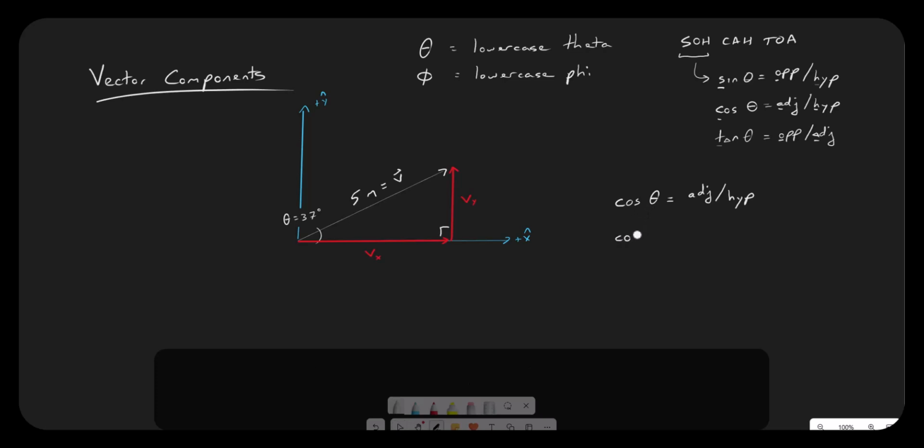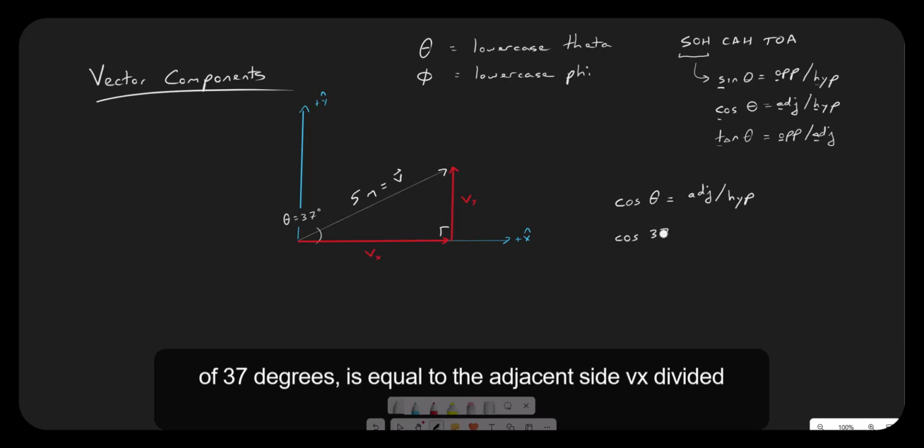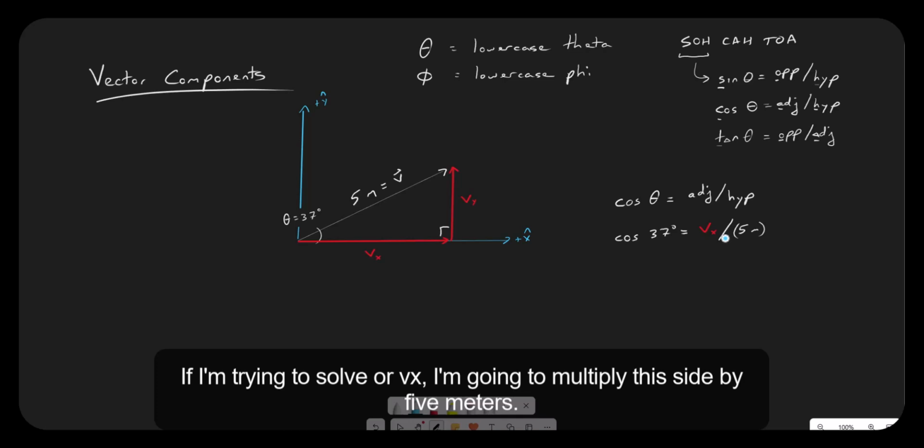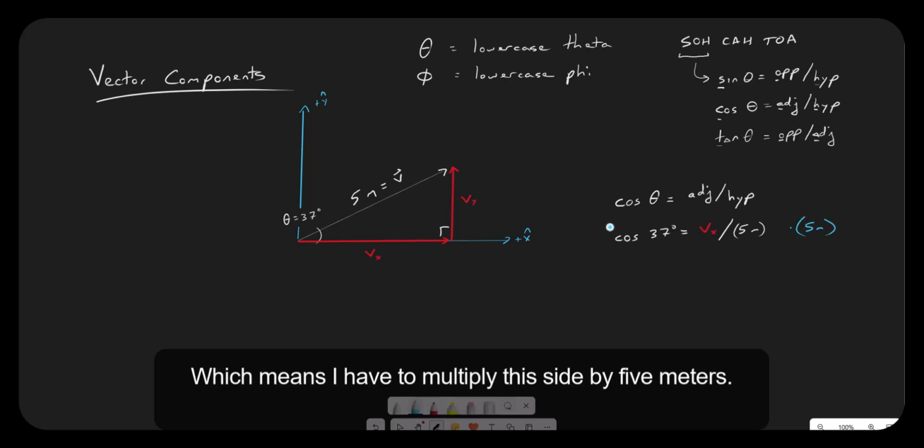I can plug in a couple of things. The cosine of 37 degrees is equal to the adjacent side, Vx, divided by my hypotenuse of 5 meters. If I am trying to solve for Vx, I'm going to multiply this side by 5 meters, which means I have to multiply this side by 5 meters.